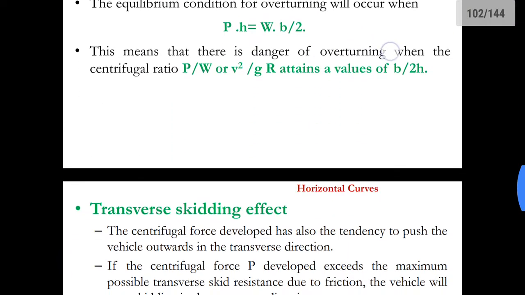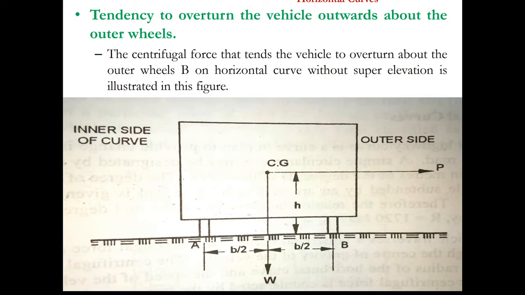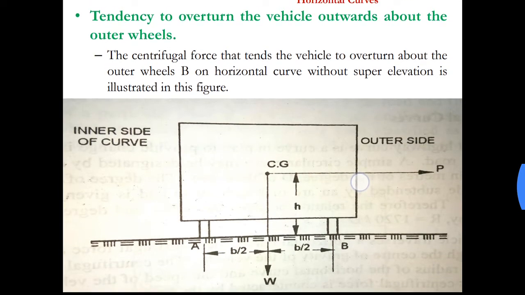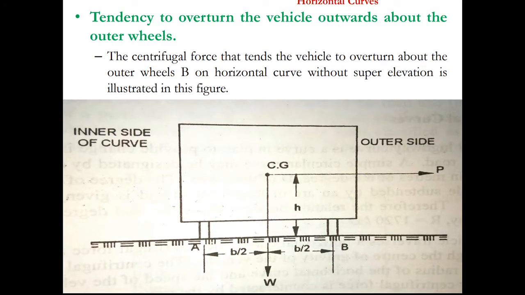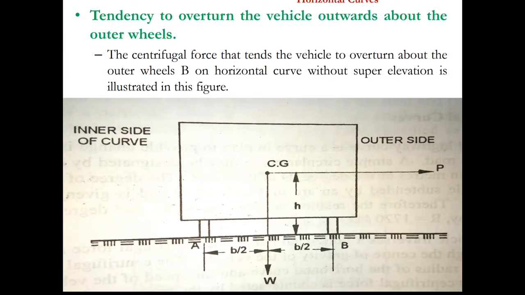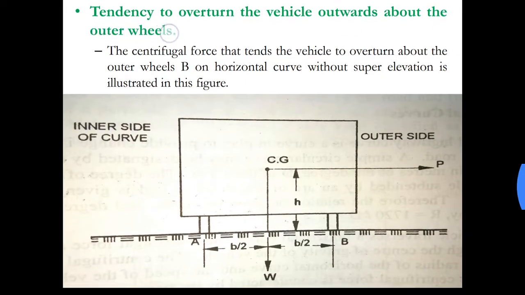Now what we'll do is we will derive a formula to find out in what case the vehicle will overturn or skid transversely. Let us consider the first condition, tendency to overturn the vehicle outwards about the outer wheels.